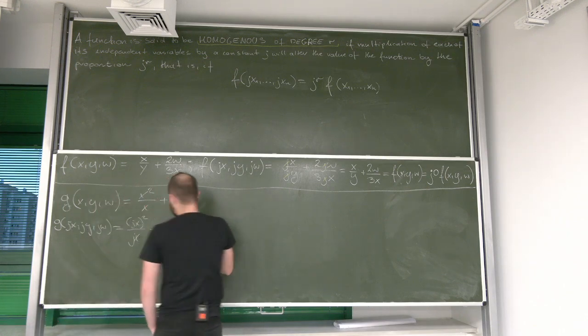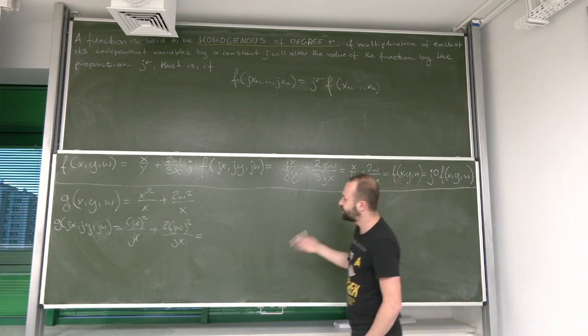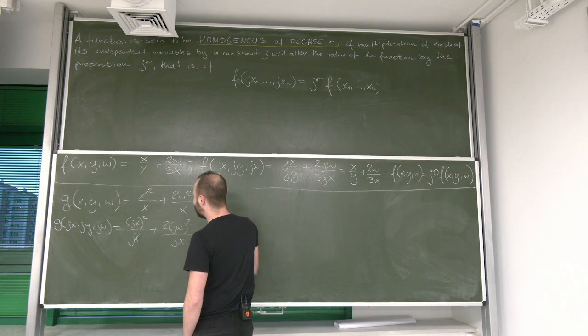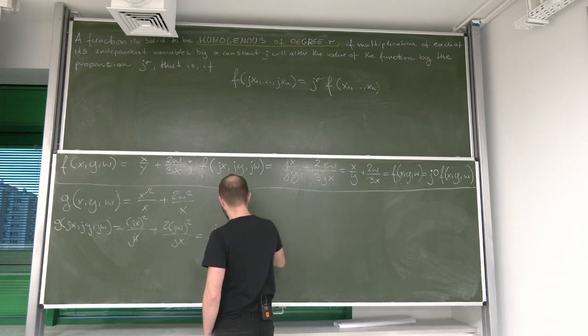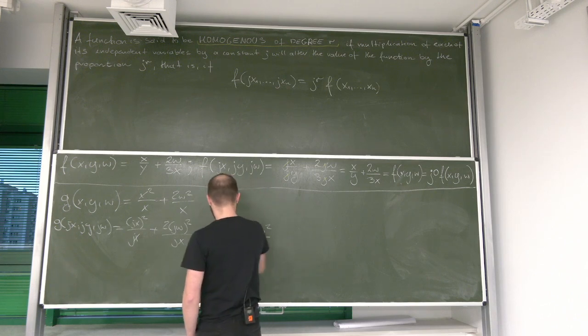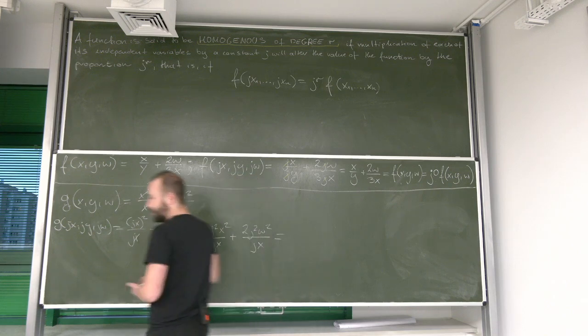I know this is not something we actually need to do, but let's do it very slowly. Let's multiply everything out and take it to appropriate powers. So we've got j squared x squared over jx plus 2j squared w squared over jx.